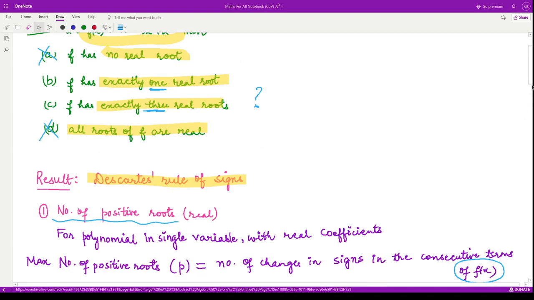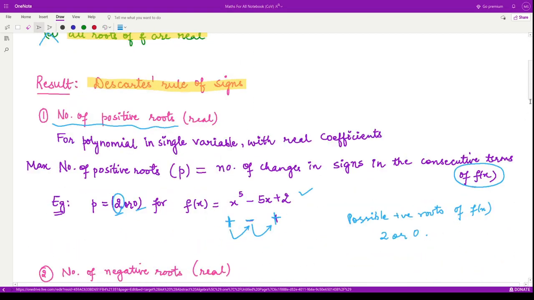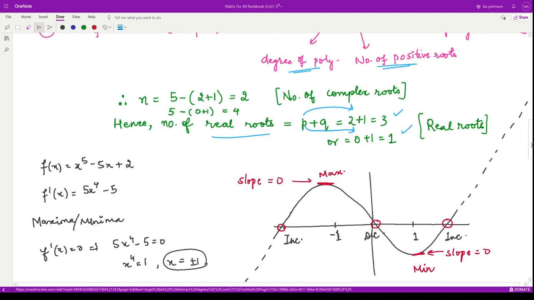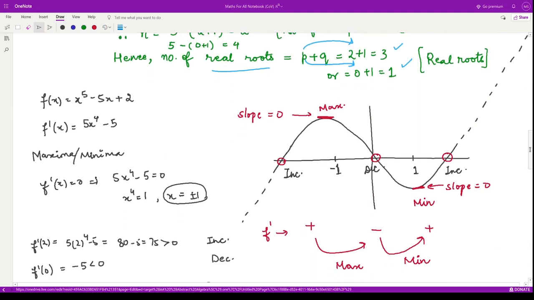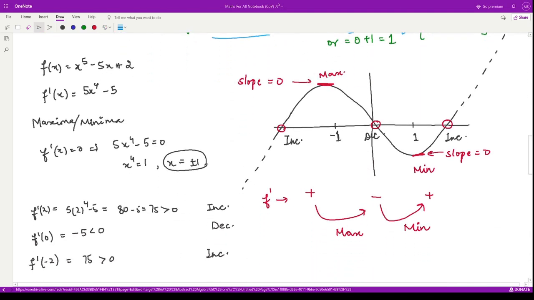For that, we have to go for some other way to check the roots. We can check the behavior of this polynomial. This is a polynomial, so it is a continuous function. We can check at which points we have the maximum and minimum values of this function, by checking where it is increasing or decreasing.